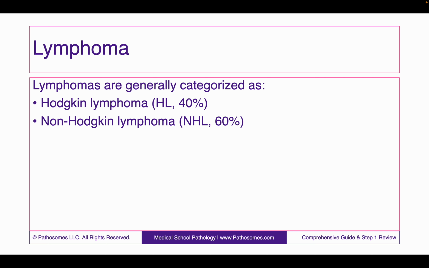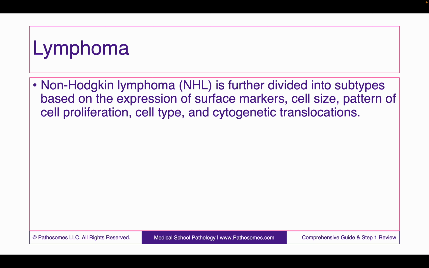Lymphomas are generally characterized as either Hodgkin lymphoma or non-Hodgkin lymphoma. Non-Hodgkin lymphoma is further divided into subtypes based on the expression of surface markers, cell size, patterns of cell proliferation, cell type, and even cytogenetic translocations.